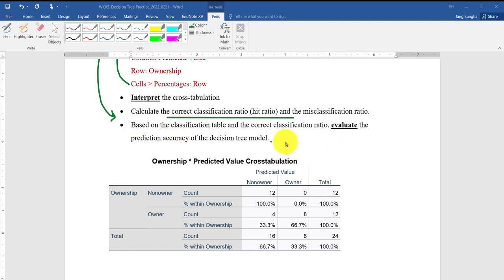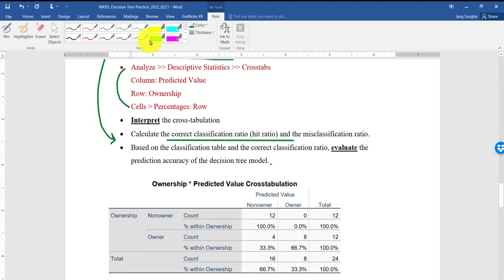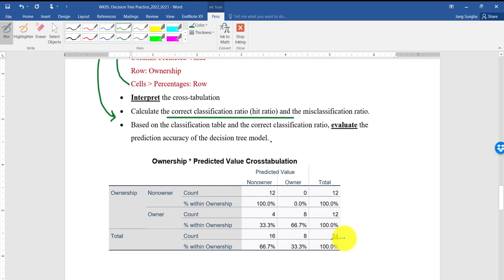So we are going to interpret this table. Definitely this is cross tabulation, so we need to interpret them one by one. First, there are 24 consumers, and 12 of them did not own, 12 of them own riding mowers.